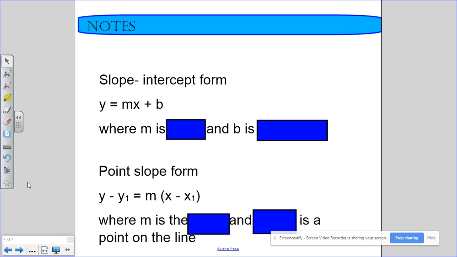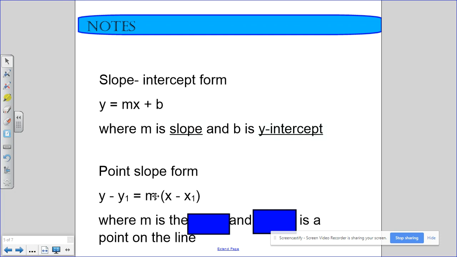We know that the slope-intercept form is y equals mx plus b, where m is our slope and b is our y-intercept. Our point-slope form, we might not remember. It's y minus y1 equals m times x minus x1.